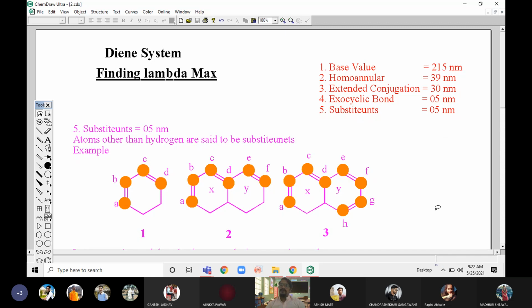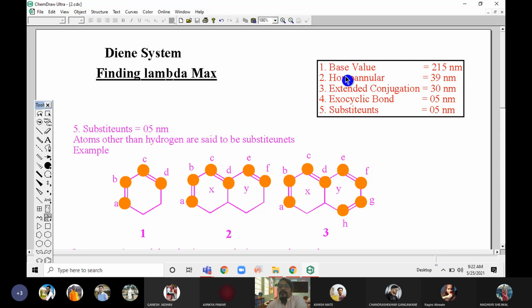So why have I written it in this fashion? If you clearly observe, all these values are in decreasing order: 215, then 39, 30, and 5 nanometer. So even if you have a question in your question paper to find the lambda max, you should not forget to write any value.